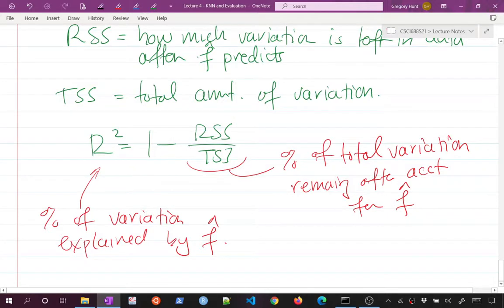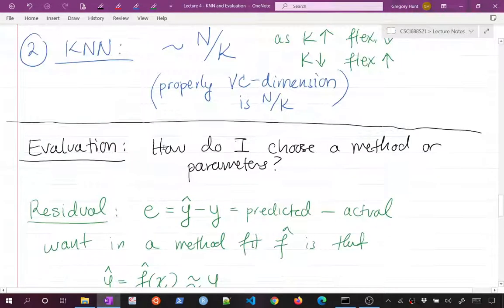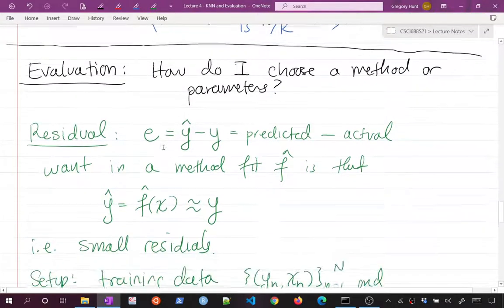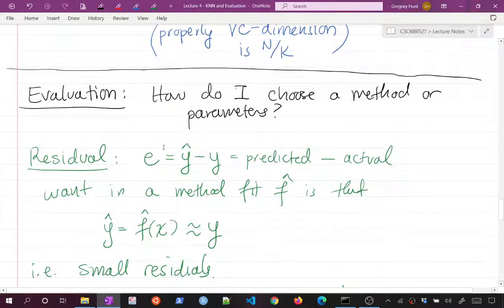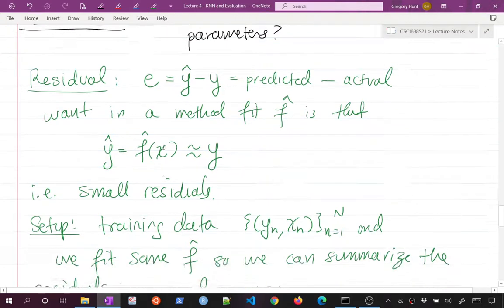So these are some metrics that we can use to evaluate our algorithms. We're going to stop here for now, but we can pick up this thread next time, because now we've learned two methods, so we can start playing the fun games of comparing and contrasting them.